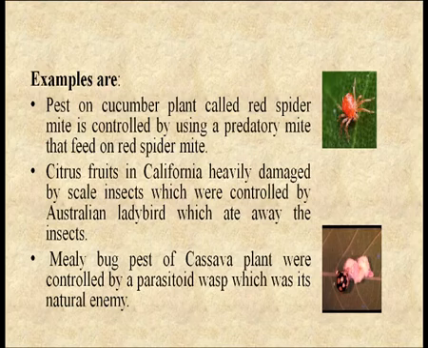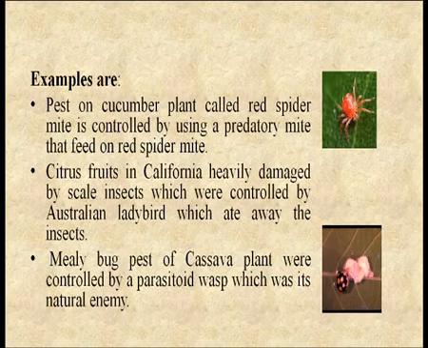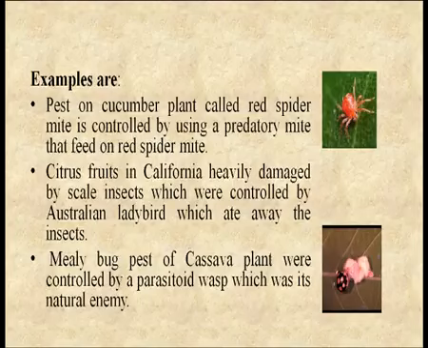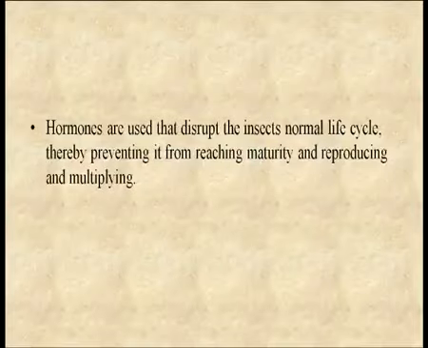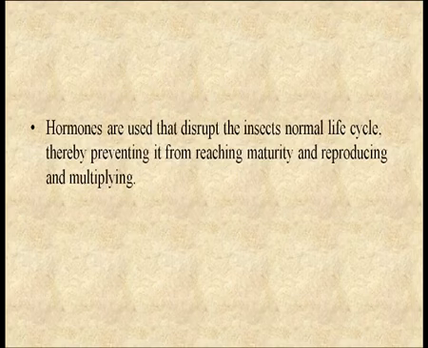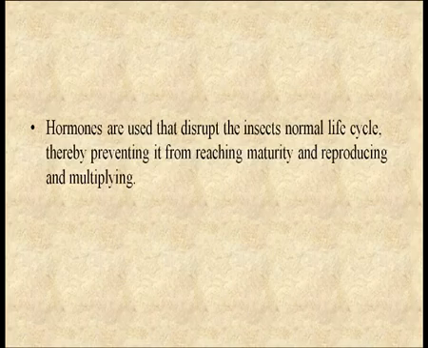Mealybug, a pest of the cassava plant, was controlled by a parasitoid wasp, which was its natural enemy. Hormones are used that disrupt the insect's normal life cycle, thereby preventing it from reaching maturity, reproducing and multiplying.